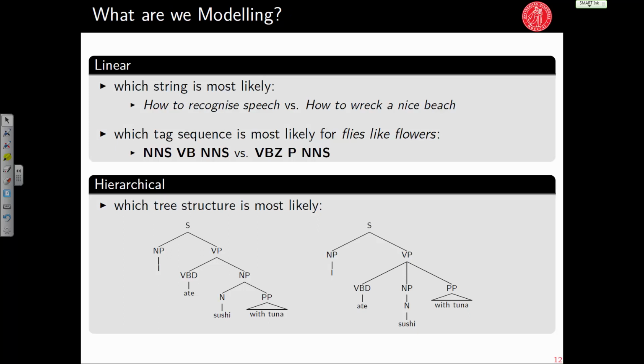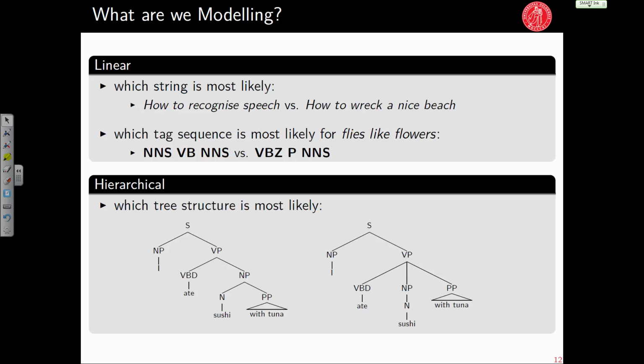And the three problems that we were trying to model in these probabilistic models were: the probability of a string, so what is the most likely string of these two in a speech recognition system, how to recognize speech or how to wreck a nice beach; the most likely tag sequence for "flies like an arrow" or "flies like flowers"; and the most likely syntactic analysis of an ambiguous sentence like this.